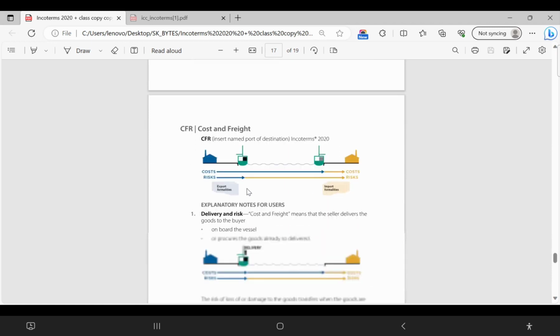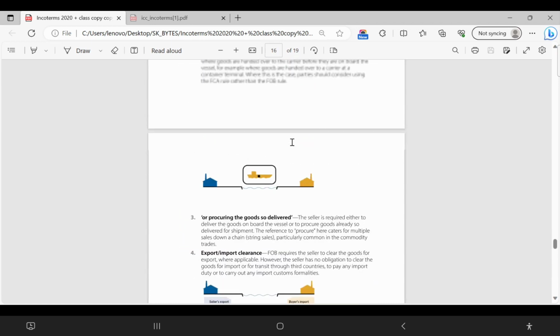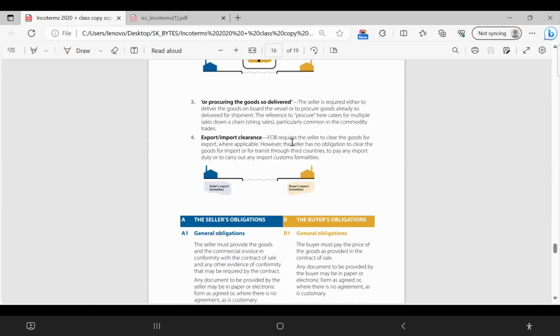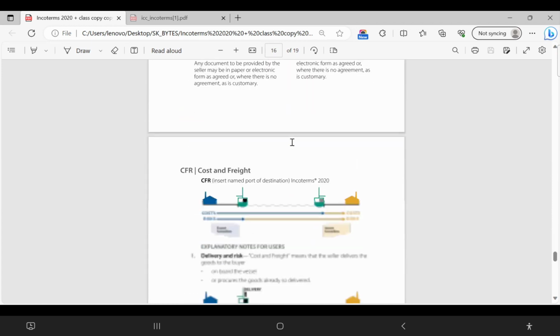Now we have something called CPT. CPT is meant for all modes. Now CFR is meant for only waterway transport. Similar concept. Here CFR inserts the named port of destination. It was the named port of shipment earlier. Here it is the named port of destination.